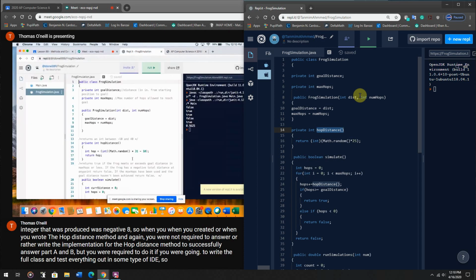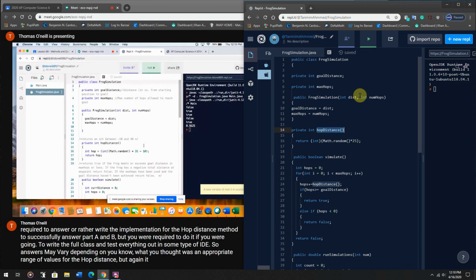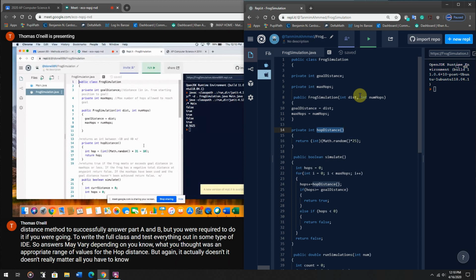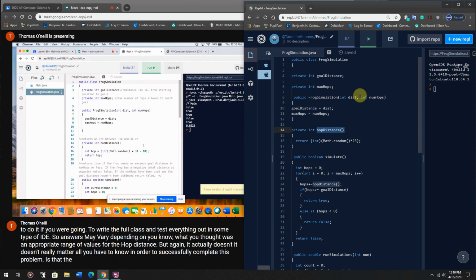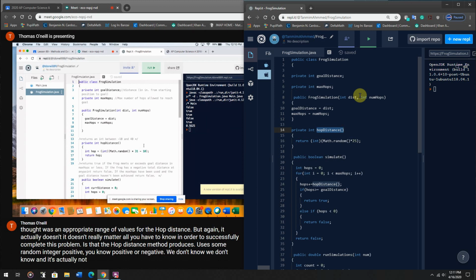So answers may vary depending on what you thought was an appropriate range of values for the hop distance. But again, it actually doesn't really matter. All you have to know in order to successfully complete this problem is that the hop distance method produces some random integer, positive or negative. We don't know, and it's actually not that important.